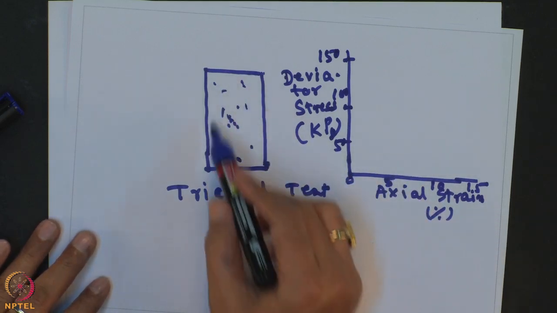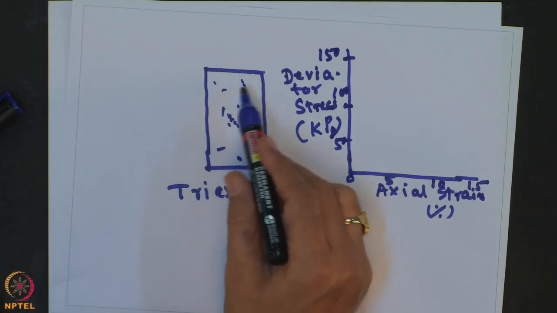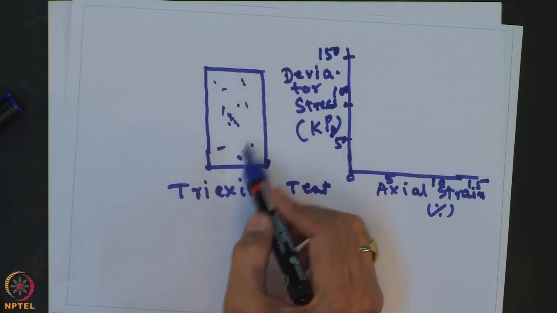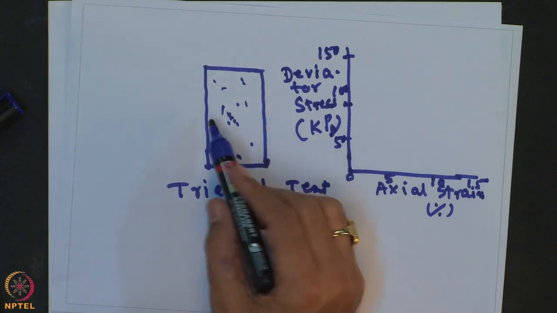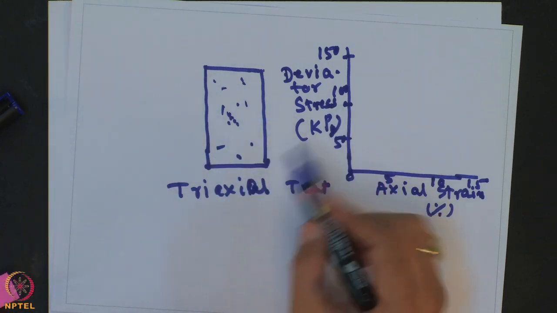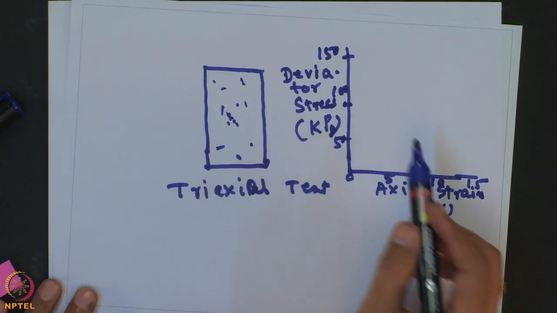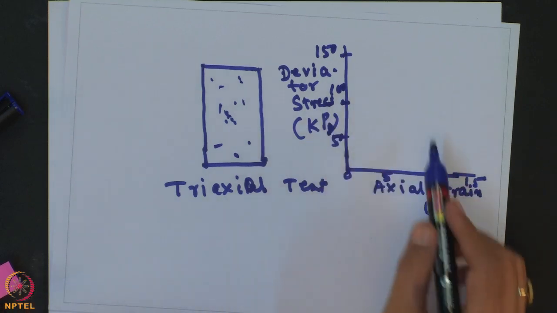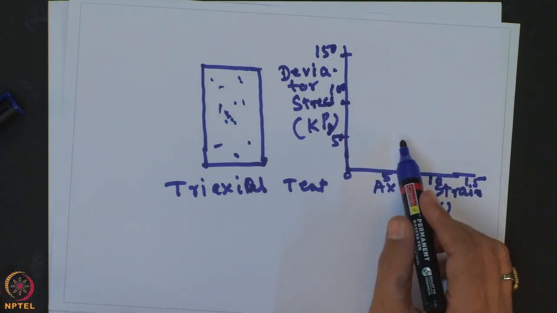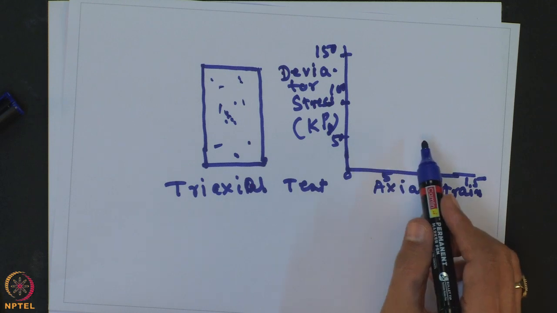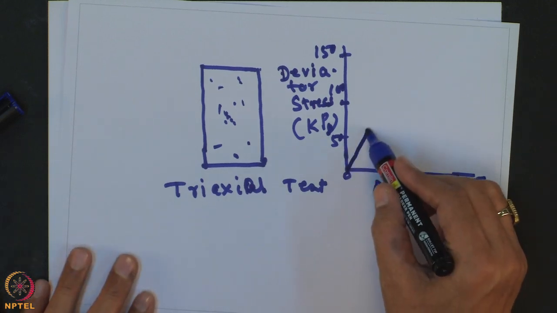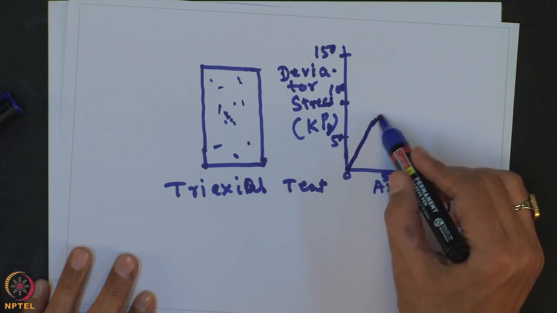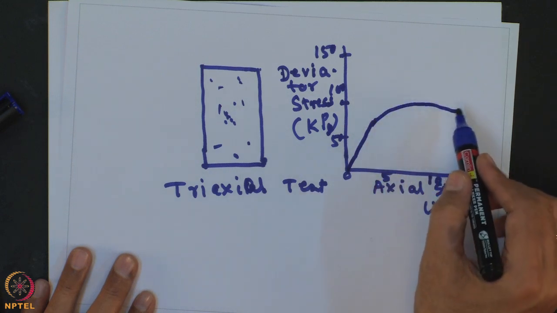So, when there is no reinforcement, no geosynthetic material in the sample, you are performing the test. From the triaxial test at a particular confining pressure, you can draw the stress strain curve. So, let us say the stress strain curve for unreinforced soil is something like this.